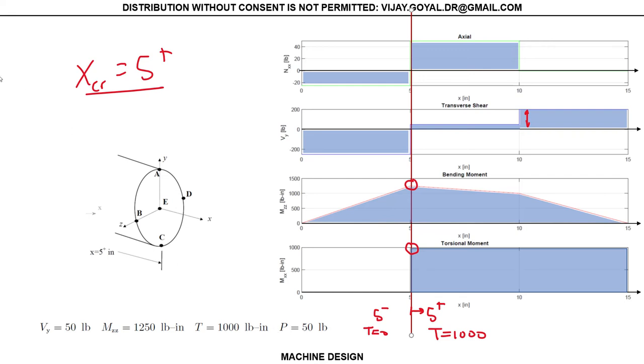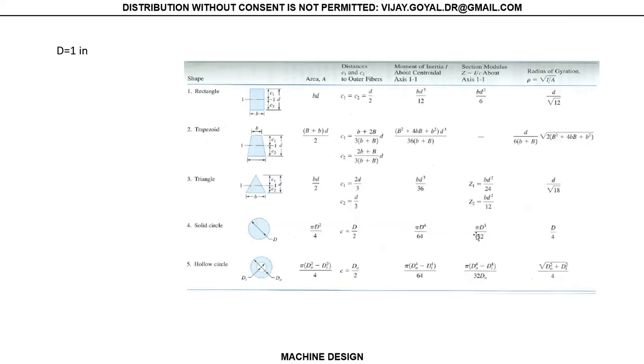So the next thing I need to do is find my sectional properties to find my dimensions. We can see that the problem we have is a solid circle, and the problem says the circle has a 1 inch diameter. So your Z is equal to pi d cubed over 32.